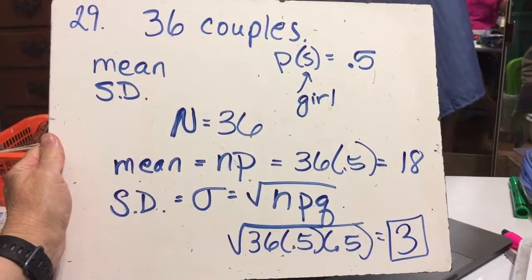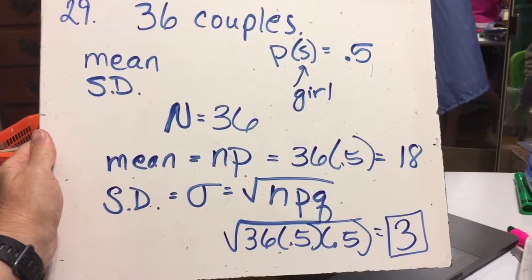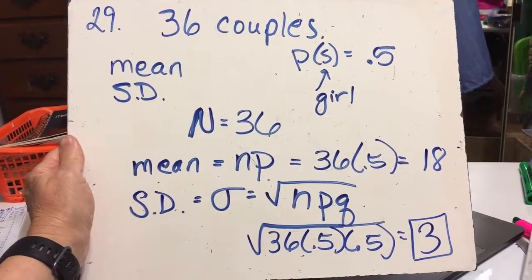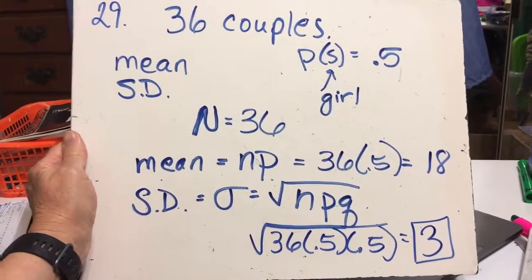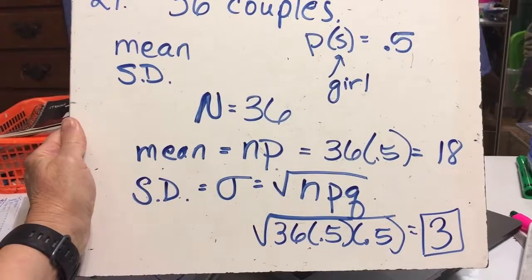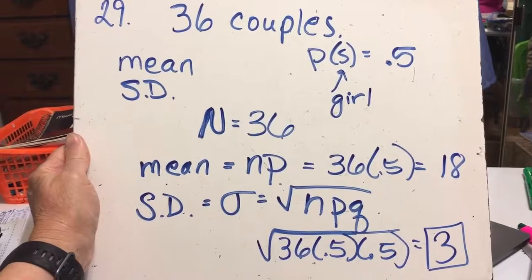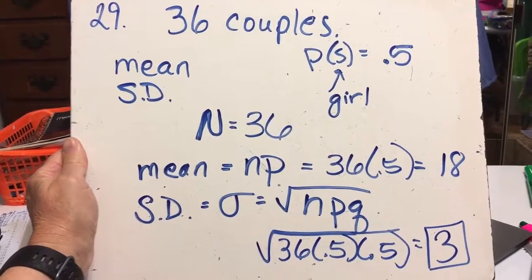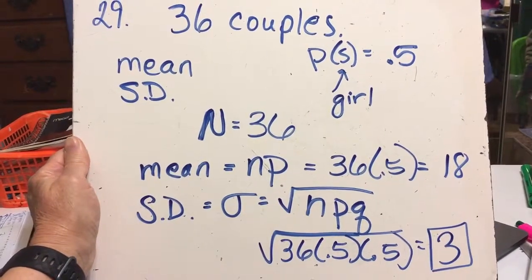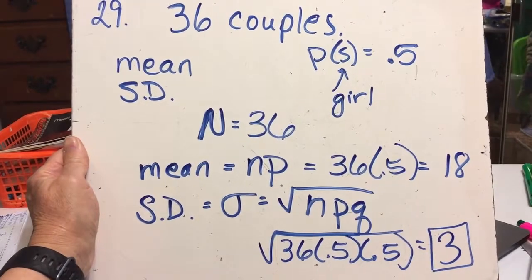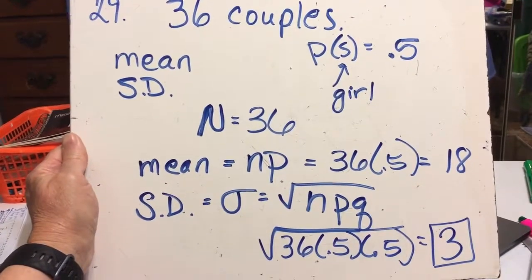All right, so here we go with number 29 and the last problem on 5.2. We have 36 couples, and they're using this XSort method for getting a girl as a result of pregnancy. And we're supposed to find the mean and the standard deviation of this binomial situation.